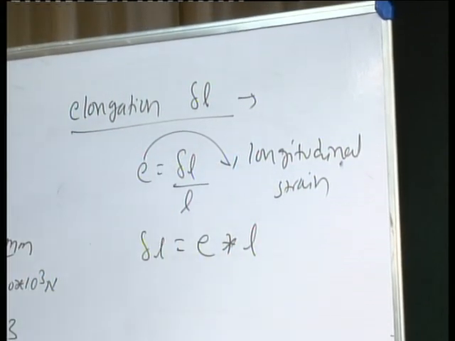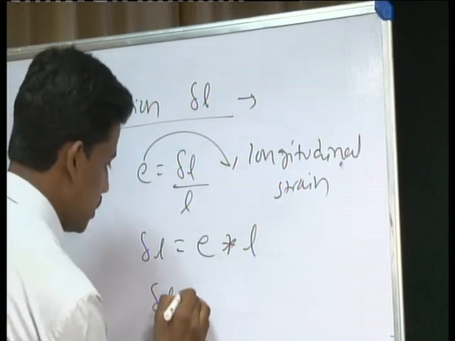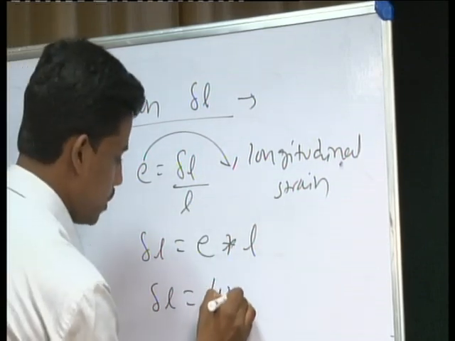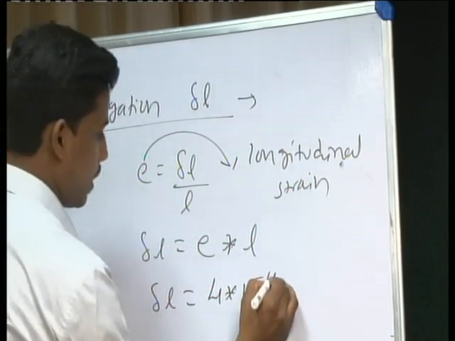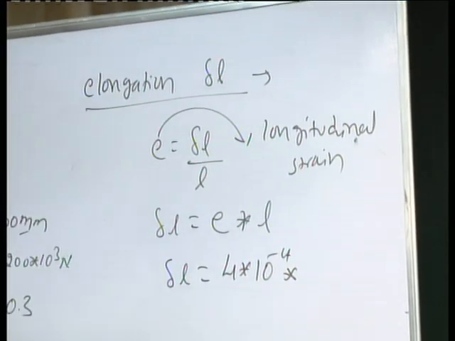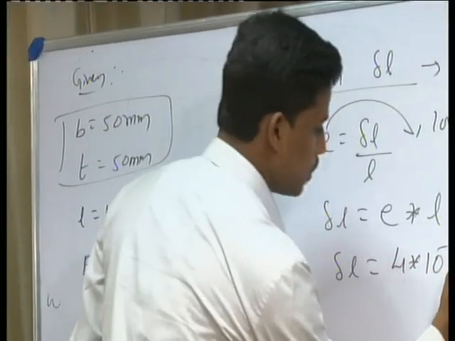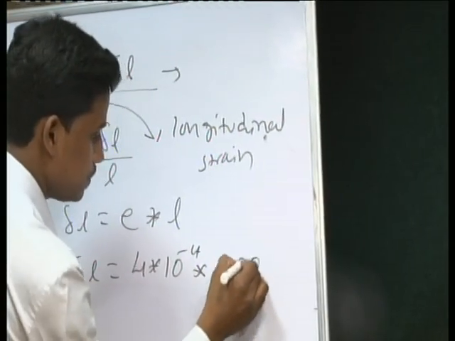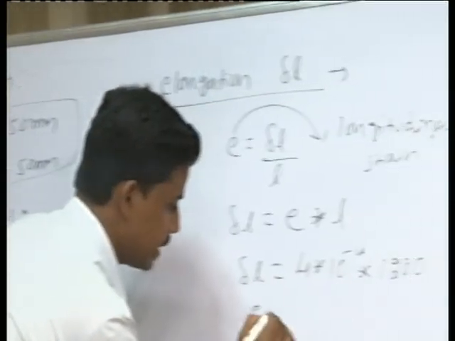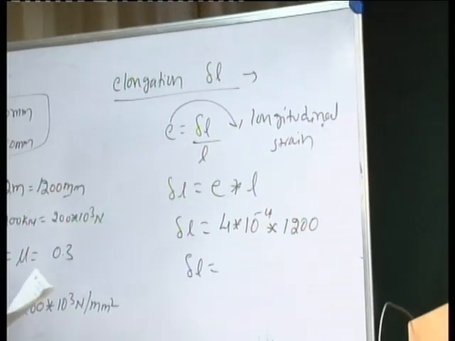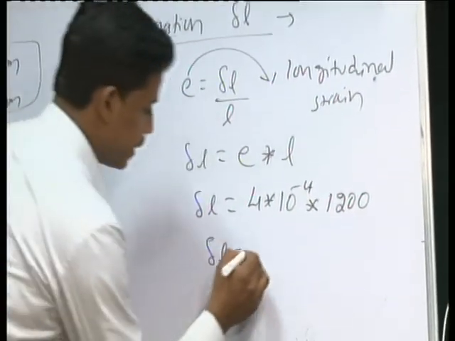We know E is equal to 4 into 10 to the power of minus 4, and the length is given as 1200 mm. We will get delta L as 0.48 mm.